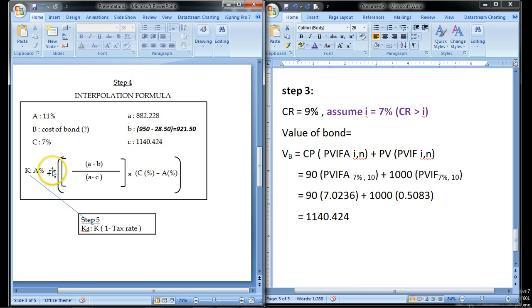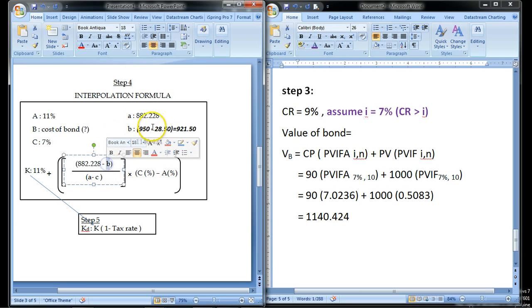Now try to sum it. It's 11%. Remember, please don't change it to decimal. When you calculate using your calculator, don't put it as 0.01. You only put 11. You can avoid the percentage. Clear? Now your A, you see, it's simple, class. You only put all the information here, then you put it inside here.